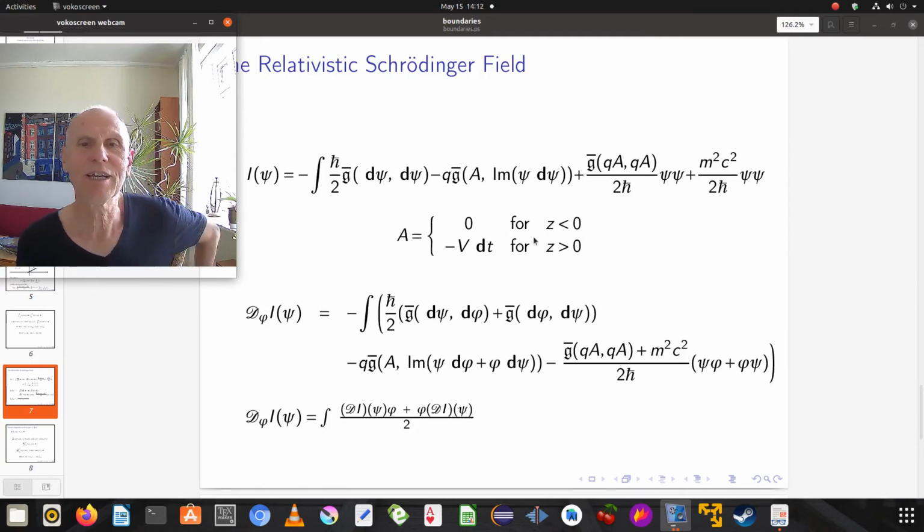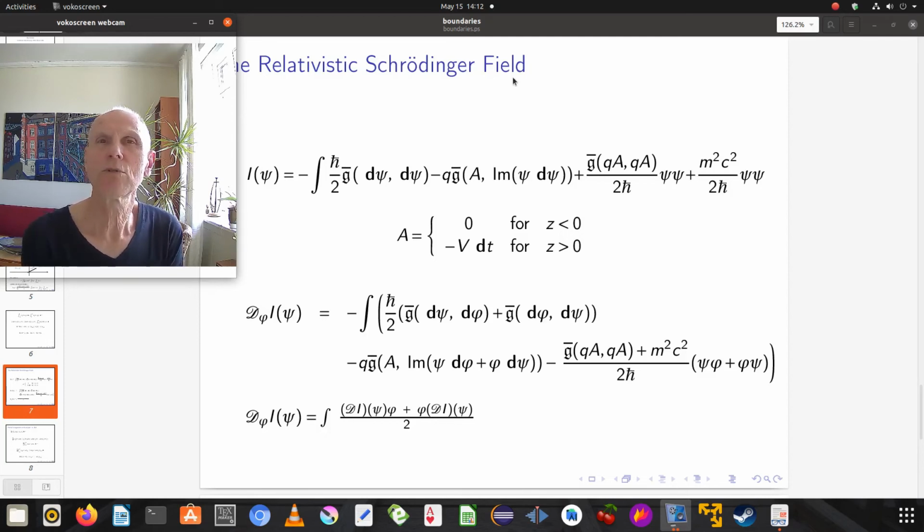But today, I'll just show the method for the relativistic Schrodinger field. In the books, it always says it's reasonable to believe that the derivative is continuous across the border. And with today's knowledge, I agree it's reasonable to believe.